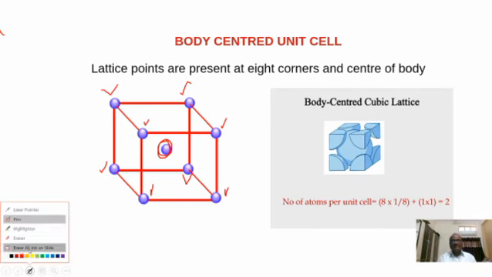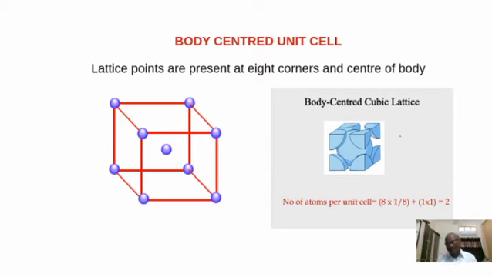Okay. Next, what is the average number of lattice points present per unit cell? Here you can see when a lattice point is present in the corner, only 1 by 8 will be contributed from each corner. How many corners are there? 8 corners are there. So 8 into 1 by 8. Then the center of body clearly belongs to only one unit cell, this unit cell only.